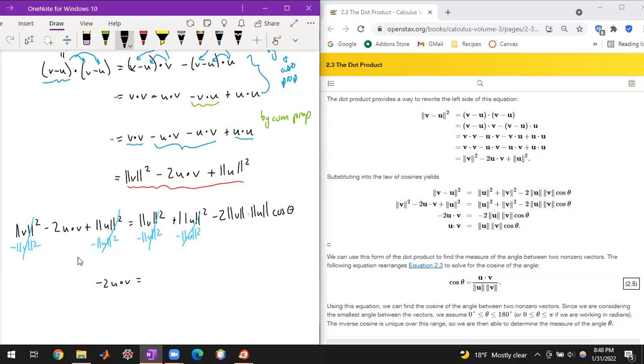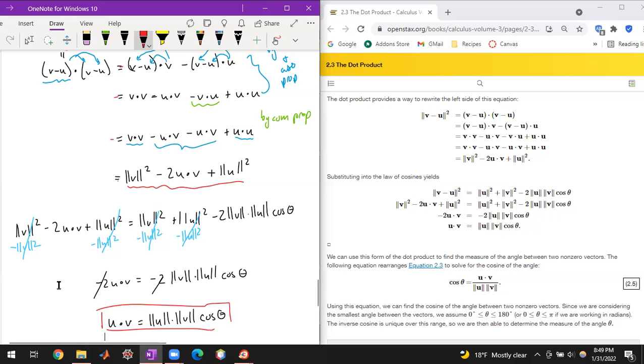And on the right-hand side, the only thing remaining is negative 2 times the magnitude of v times the magnitude of u times cosine of the angle between them. So if I divide by that negative 2, I get that u dotted with v is equal to the magnitude of u times the magnitude of v times cosine of the angle between them. And this is exactly the rule that we were trying to prove.